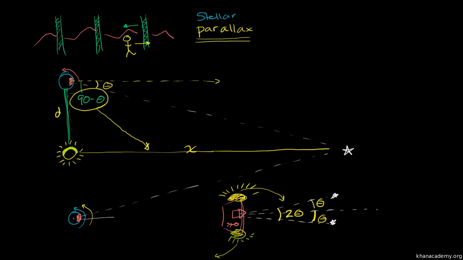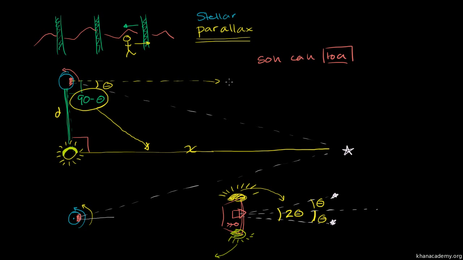So some basic trigonometry, and you might want to do this if you forget the basic trigonometric functions. SOH CAH TOA. Sine is opposite over hypotenuse. Cosine is adjacent over hypotenuse. Tangent is opposite over adjacent. So the tangent function deals with the two sides of this right triangle that we can now deal with.